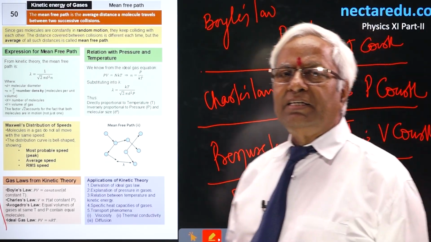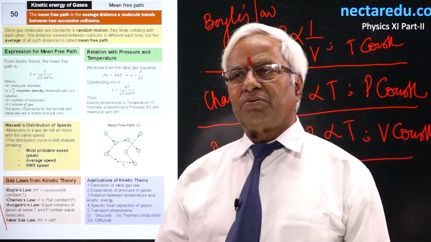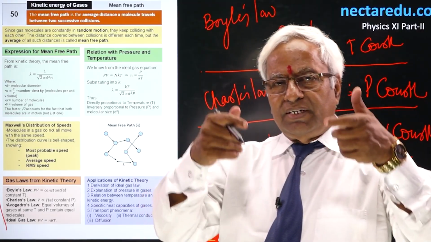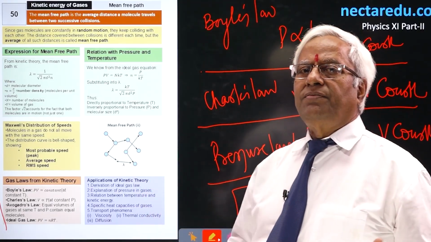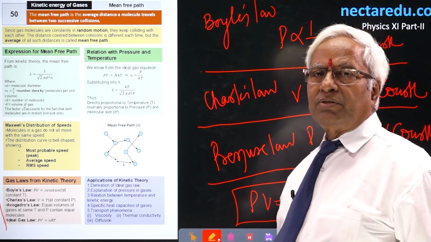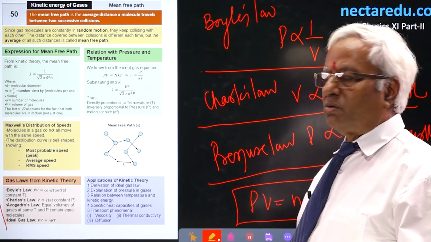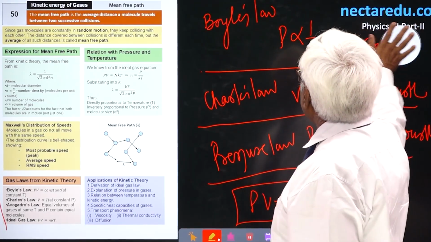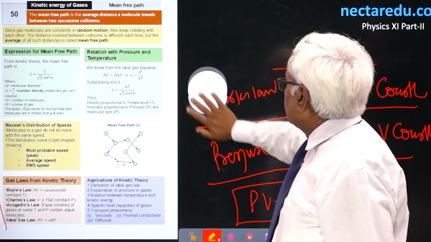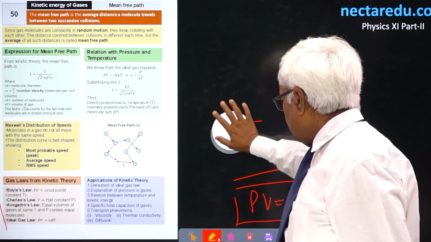That means kinetic theory is a bit advanced, but at the same time it is in a position to derive all the basic laws that we are already aware of. Along with that, it is superior in one way also, that it could define the absolute zero. Kinetic theory defines absolute zero in a very nice way, as the temperature at which the translational kinetic energy becomes zero.